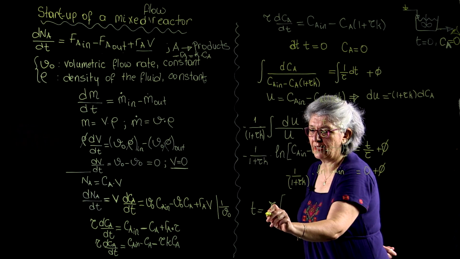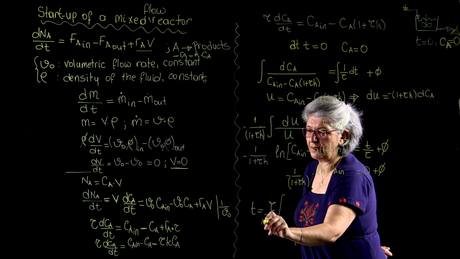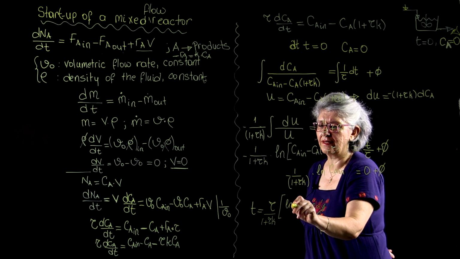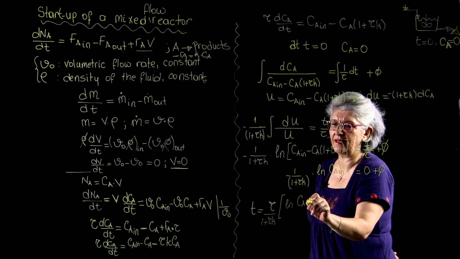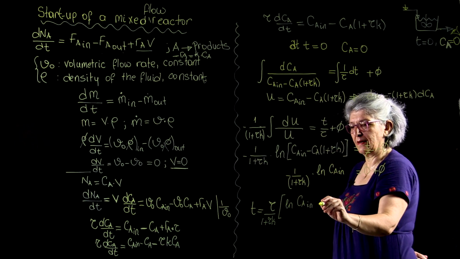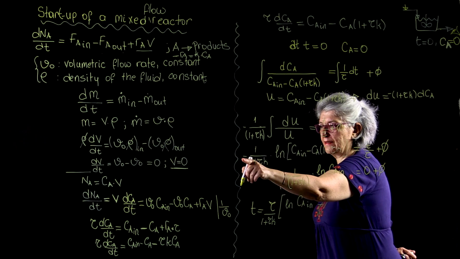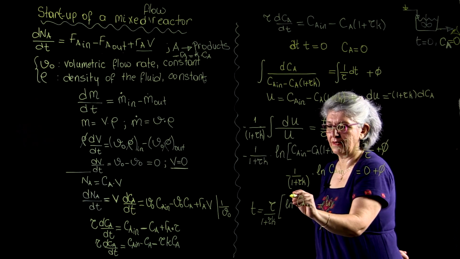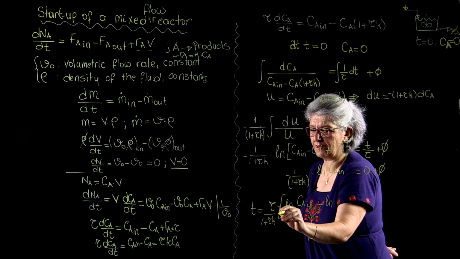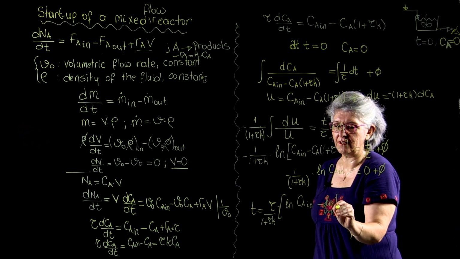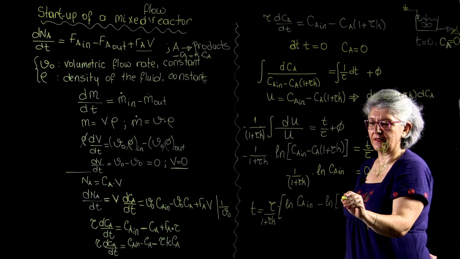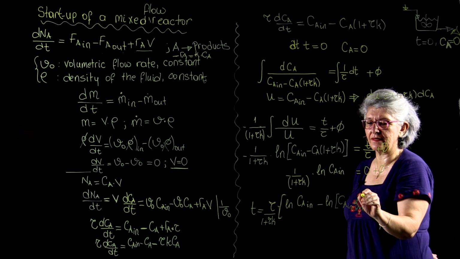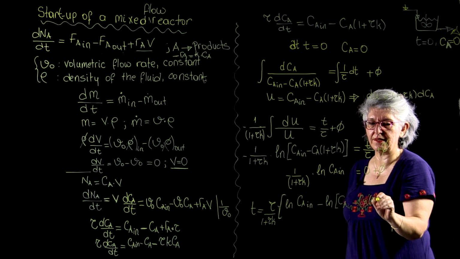So I'm going to have them in the same common denominator: 1 plus tau k times ln Ca,in minus ln of the bracket Ca,in minus Ca times 1 plus tau k.